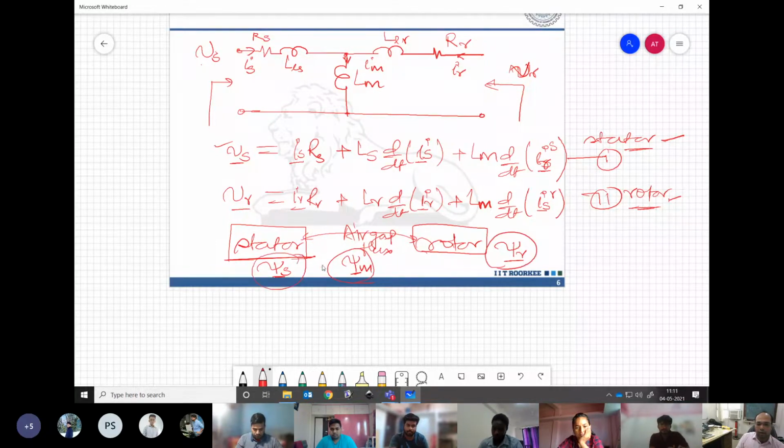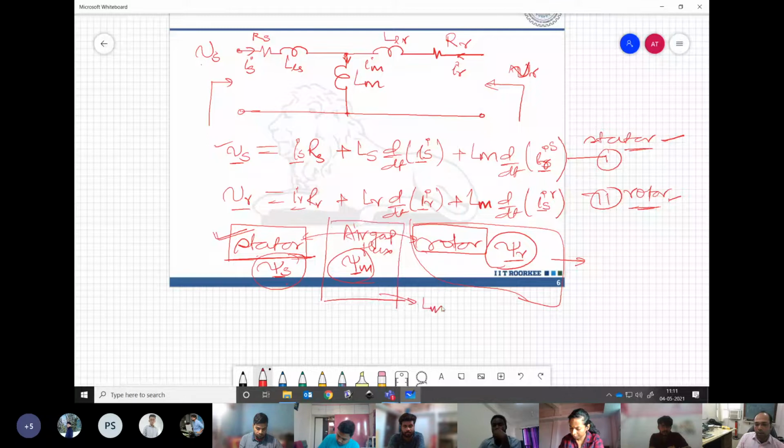Are we clear over here? So three flux we are defining. Overall the machine has one unit, but we can define that same flux in three parts. One which is only associated with stator. Only means leakage plus whatever is coming in the magnetizing. Another which is associated with rotor, meaning the leakage of the rotor plus the magnetizing. And the third one which is common to both, which means only associated with the magnetizing inductance Lm.